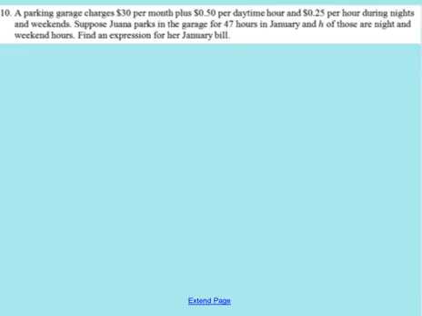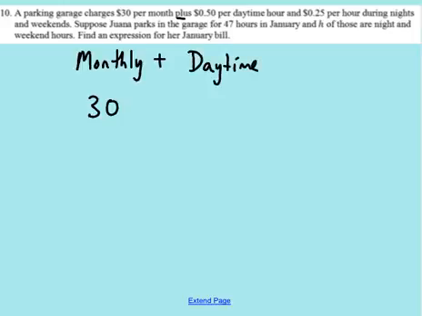So let's try this last word problem. A parking garage charges $30 per month. So let's stop. We got monthly, $30 plus, you can see the plus words right here, 50 cents daytime, and 25 cents per hour during nights and weekends.